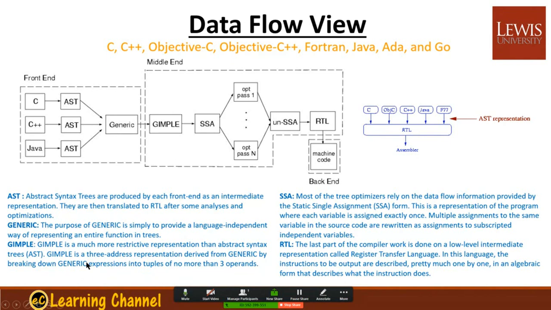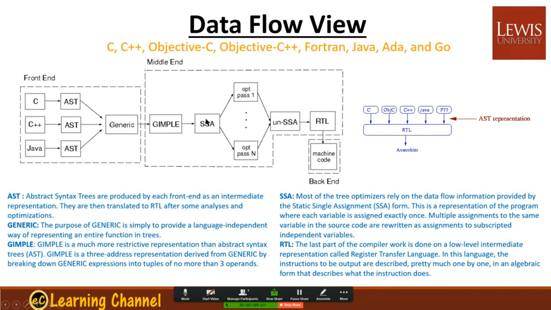The GIMPLE stage is the three-address representation derived from generic by breaking down the generic expressions into tuples of no more than 3 operands. Later you will see the generic and GIMPLE formats, which are based on the AST generation.